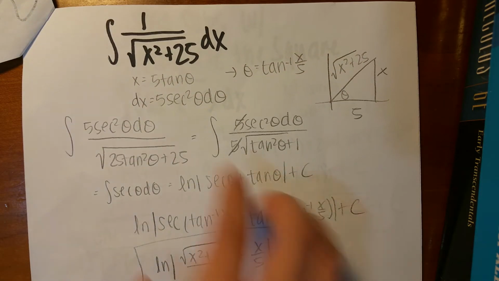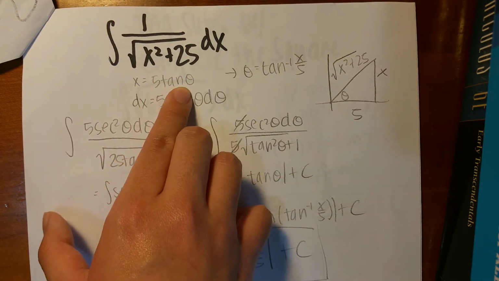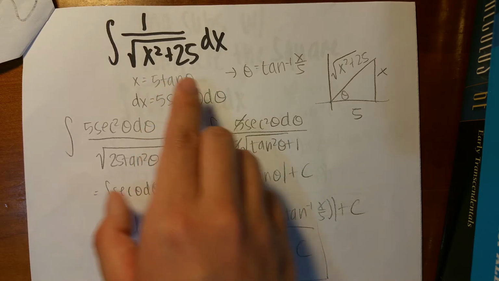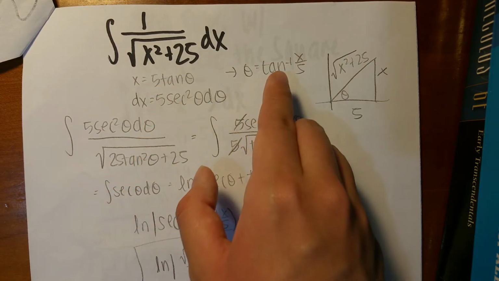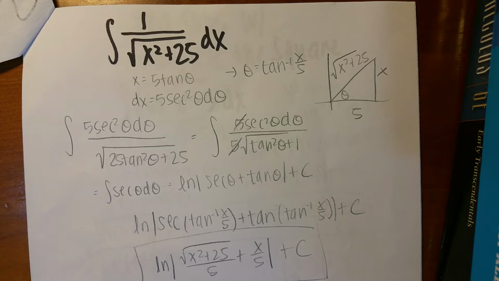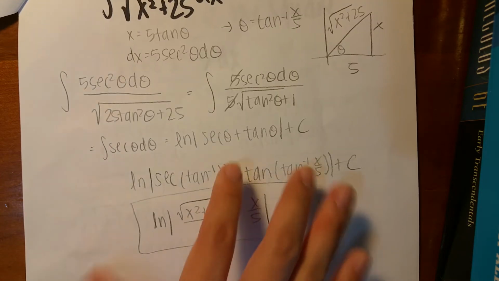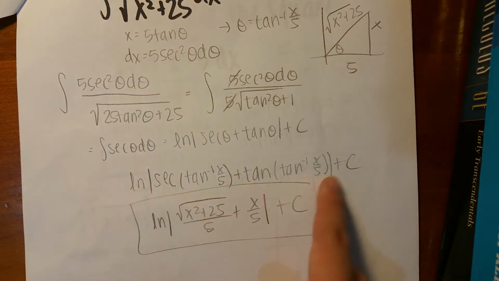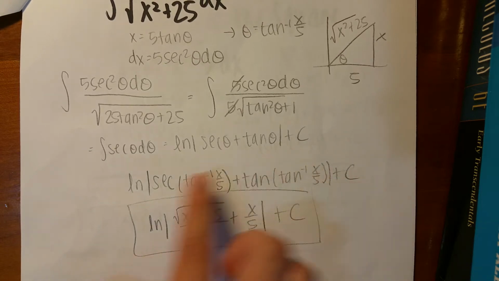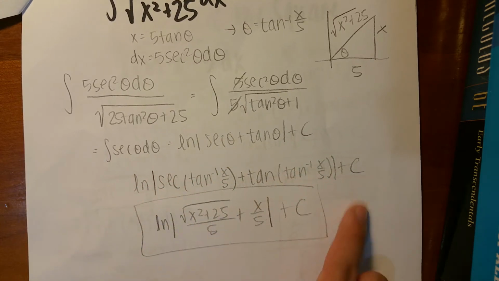So we go back to our original substitution to isolate theta. By the original substitution, we know that theta will equal arctangent of x over 5. Now we substitute our theta value for this entire thing, and we end up with this entire thing right here.